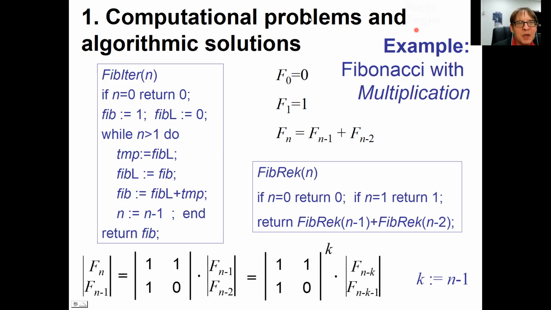Indeed, yes, we also need to count all the additions. So how many additions does it take to multiply 2 times 2 matrices? Fortunately, that's just another constant. I'm going to say 4, but it doesn't really matter. It's really just a constant number of additions. So the number of additions is going to be roughly the same order of magnitude asymptotically as the number of multiplications, up to a constant factor.